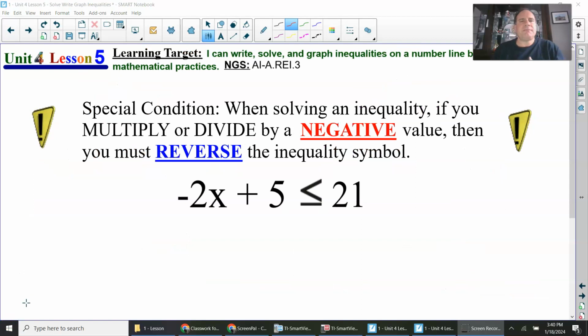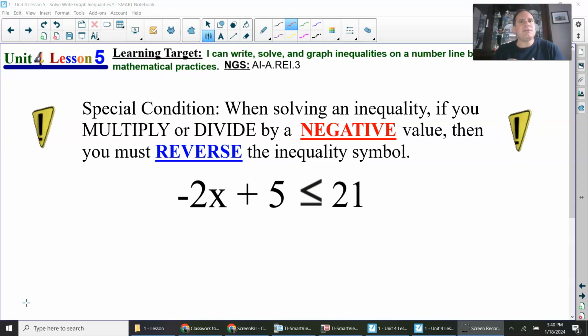So one of the big differences of solving an inequality is that when you multiply or divide by a negative value at the end, the last step, you are going to reverse the inequality symbol. And that's why it's very, very important to remember, try to stay in the positive, but on a question like this, you are going to divide by a negative at the end.